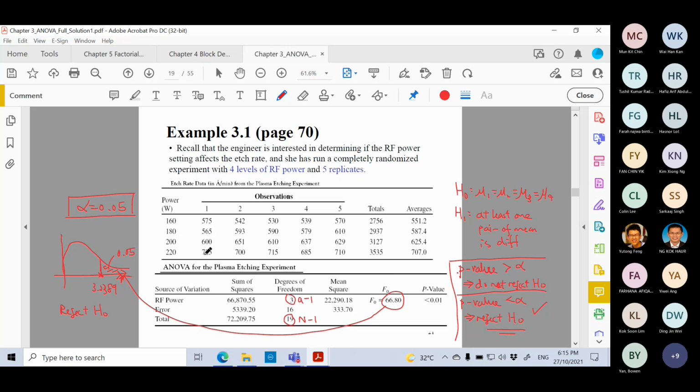This result is all you get from the sample, which may not be perfect. Therefore, when you carry out the hypothesis test, you always set a certain level of error that is acceptable.